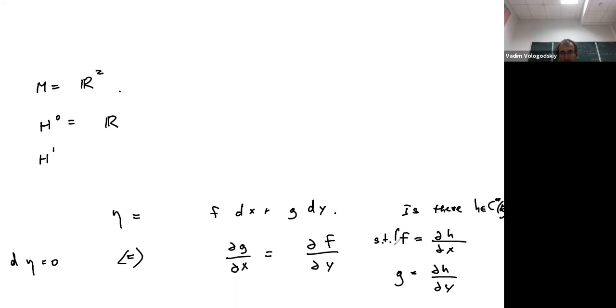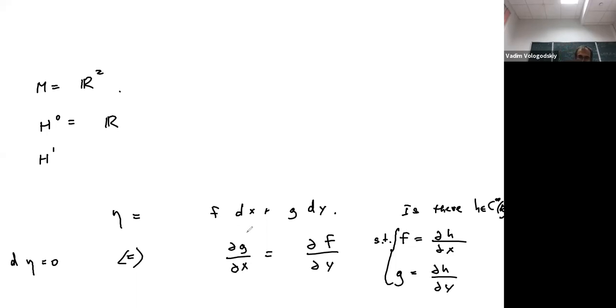So in other words, we are given two functions f and g, and we want to solve this partial differential equation for a function in two variables. So partial derivatives are given.